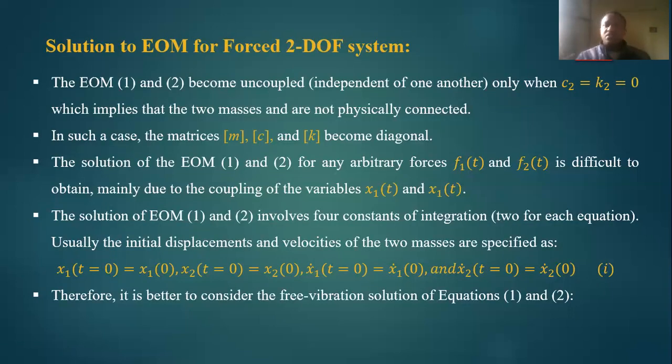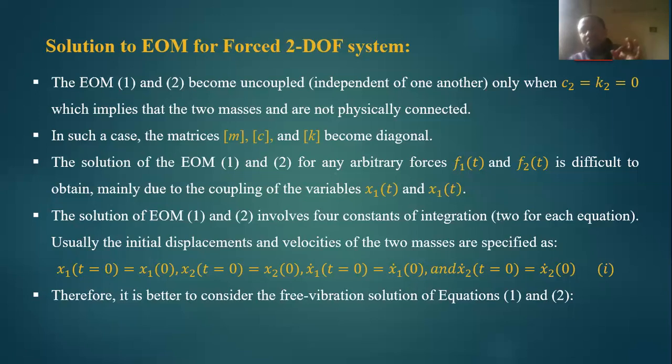So we need four initial conditions in order to solve this: two from the displacement initial conditions and two from the velocity conditions. Therefore, it is better to consider the free vibration solution of equations 1 and 2.